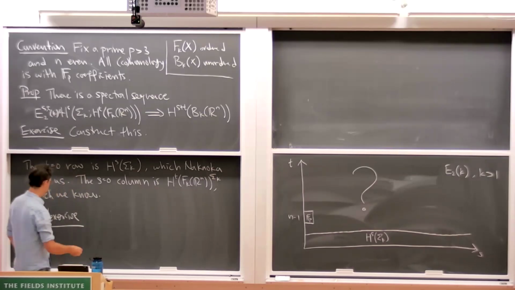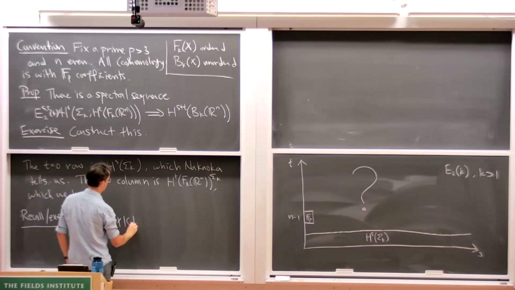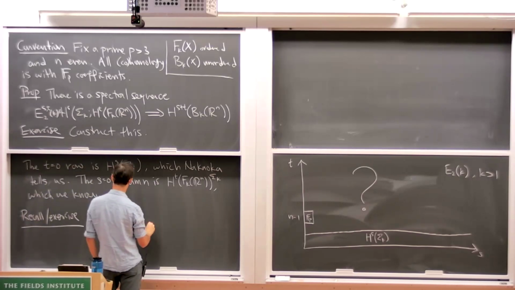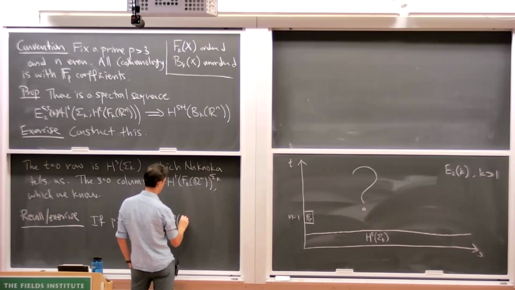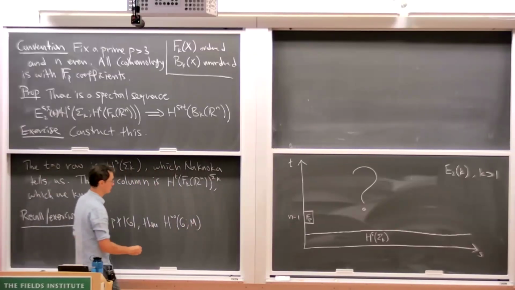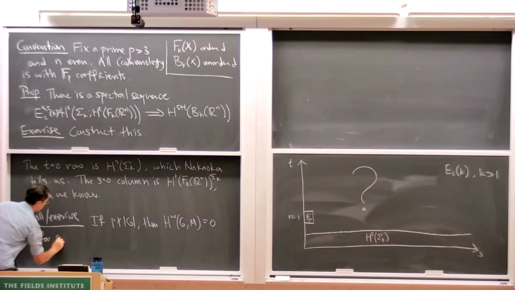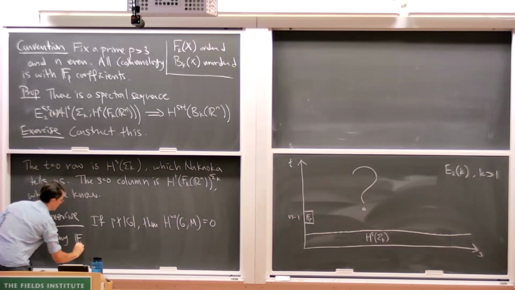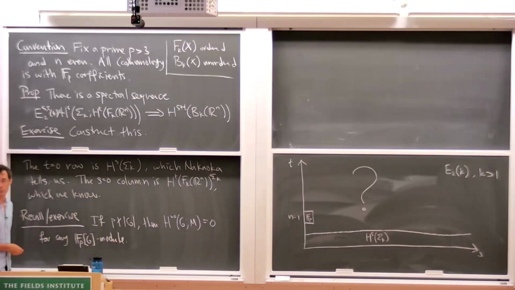So if P does not divide the order of a group, then the positive degree group cohomology of G with any coefficients is 0. So for any representation of the group over FP. G is a finite group, of course, otherwise it doesn't have an order.